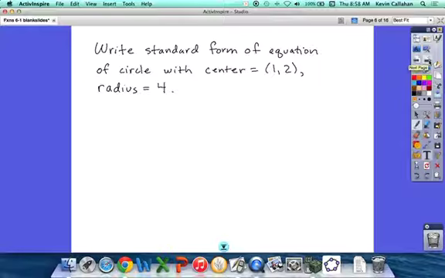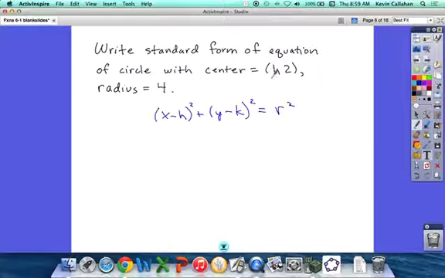Okay, so write a standard form of the equation of a circle if you know the center and you know the radius. Again, remind yourselves, the standard form looks like this: (x minus h) squared plus (y minus k) squared equals r squared. Right? So you're going to plug in for h, k, and r. What is the value of h?